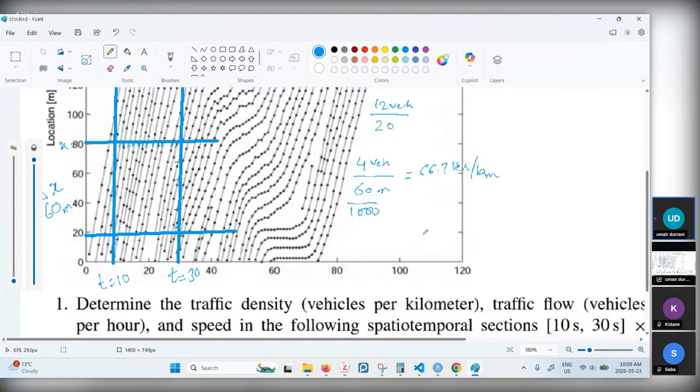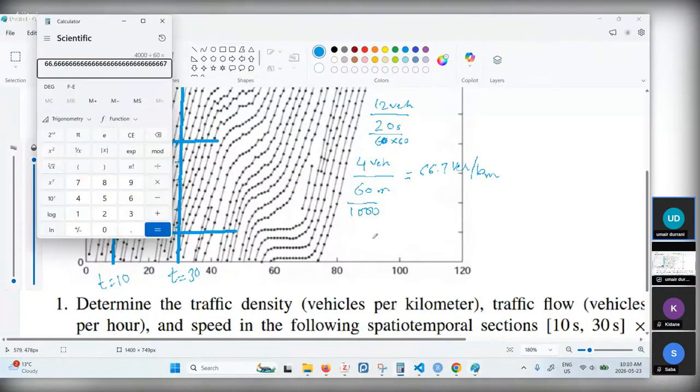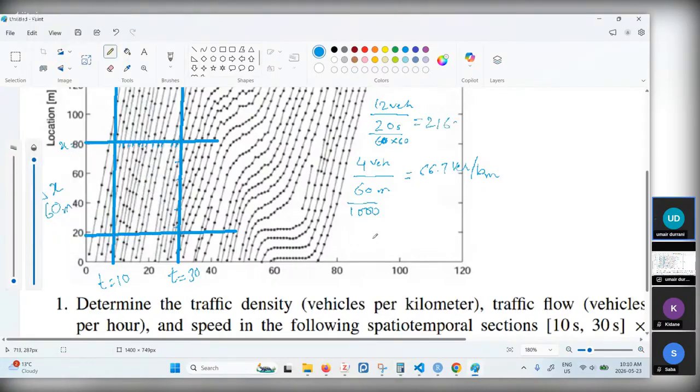And we want to report this in vehicles per hour. So this is in 20 seconds. We multiply by 60 times 60 to make it in hours. 60 times 60 times 12 divided by 20. That comes out to be 2160 vehicles per hour.